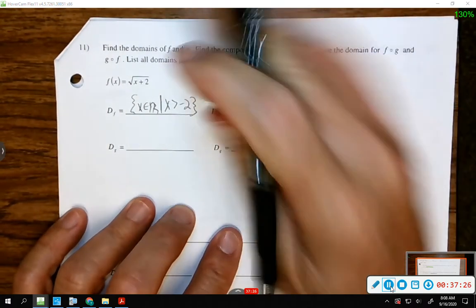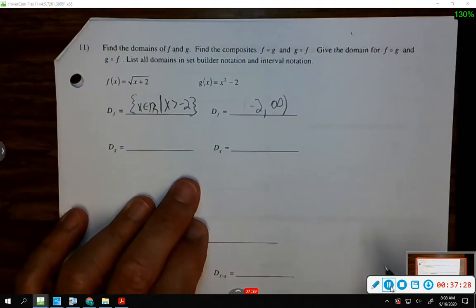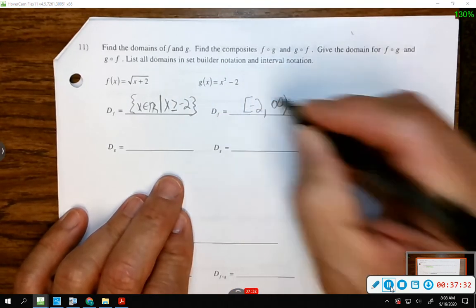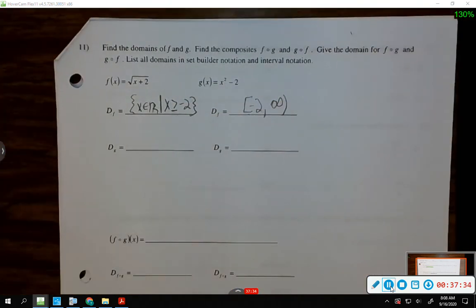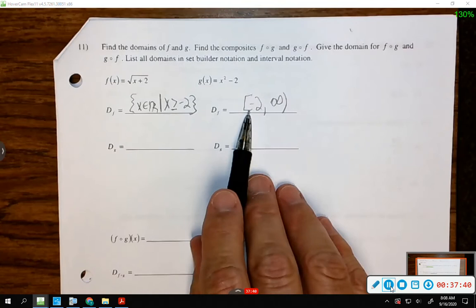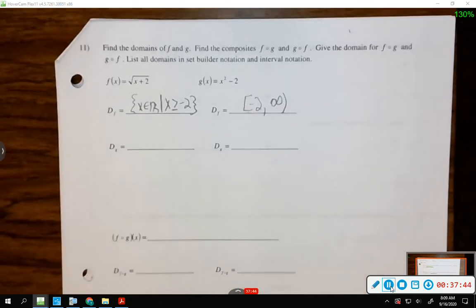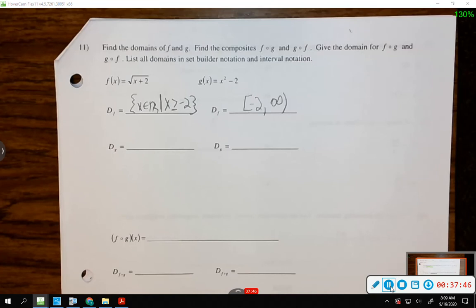I got to be careful here. It's x is greater than or equal to, right? X plus 2 is greater than or equal to 0. We can take the square root of 0. Okay? So I have an equal to here, which means we have a bracket here. So be careful about that. You will have your choice after chapter 1 which one you want to use, set builder or interval.